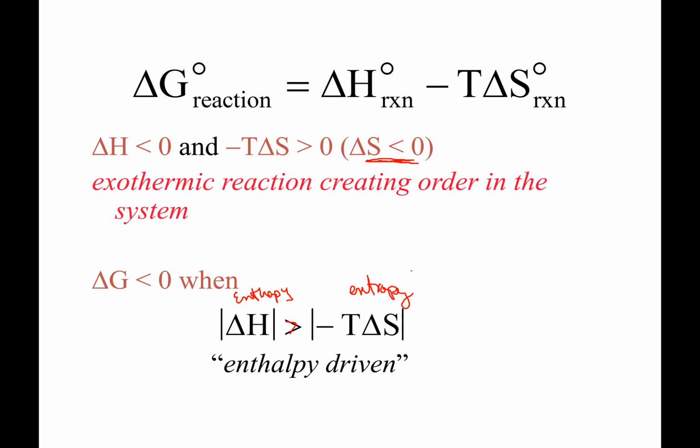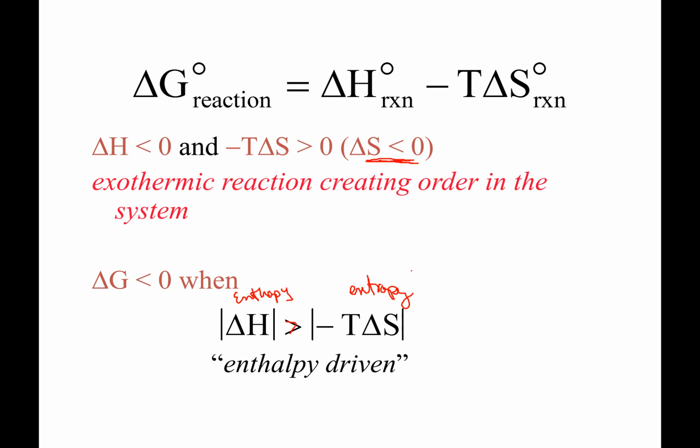Okay, so if that is the case, if it's spontaneous, if your Gibbs free energy is less than 0, in this situation where you have it favored spontaneity with your enthalpy term, disfavored spontaneity with your entropy term, then we say it's enthalpy driven. Too many E's. It is enthalpy driven. It won out.